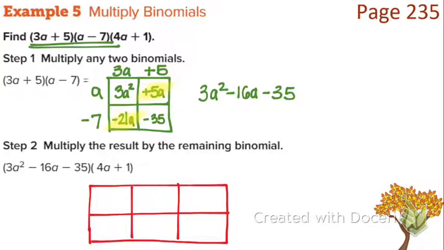So across the top, I'm going to put the answer that I got in step 1. And then that 4a plus 1 goes down the side. All right, so take about 60 seconds and fill in all 6 squares.